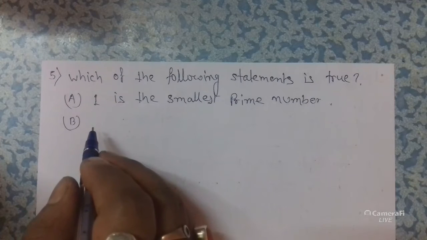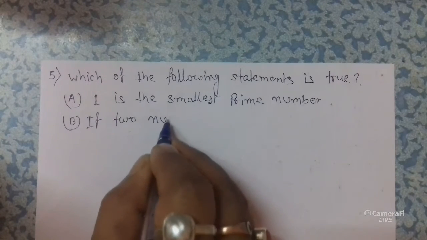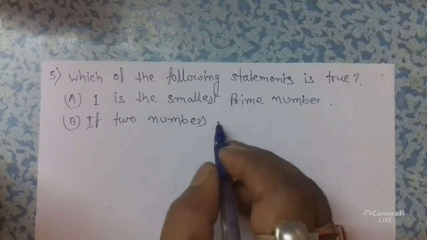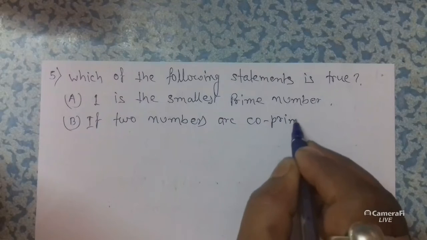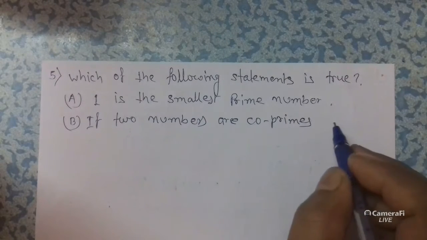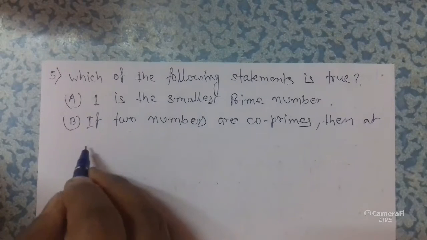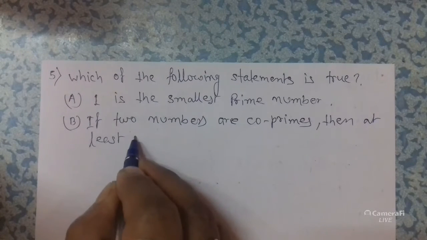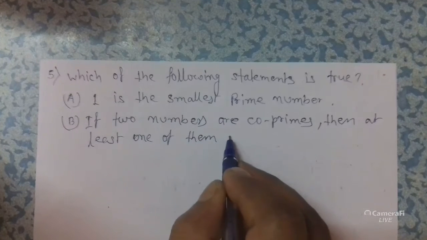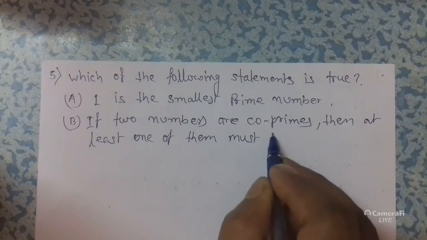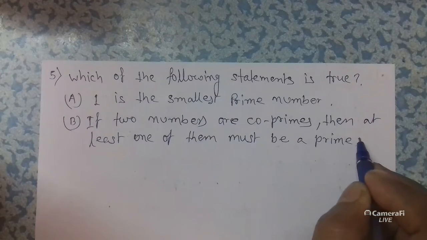Option B, if two numbers are co-primes, then at least one of them must be a prime number.